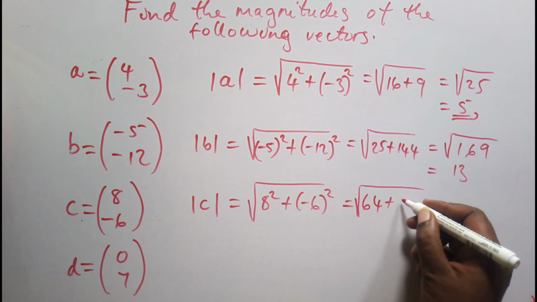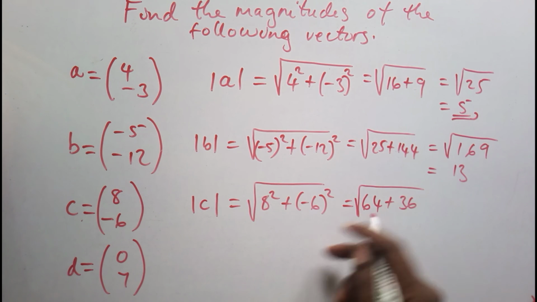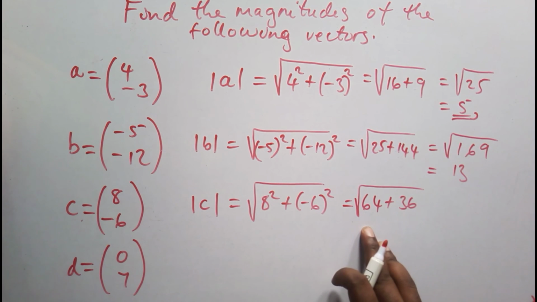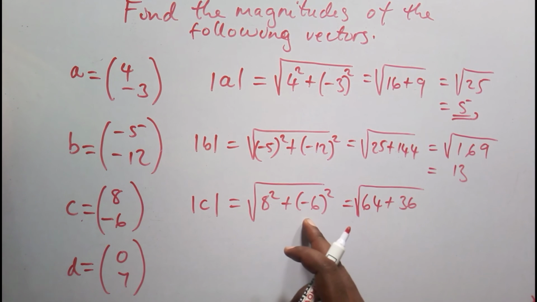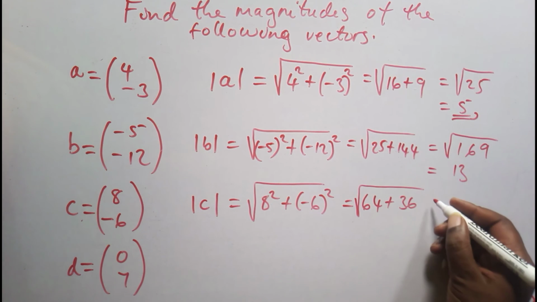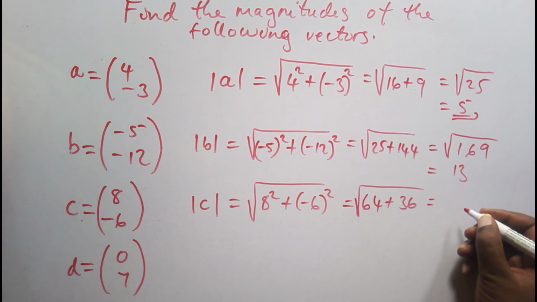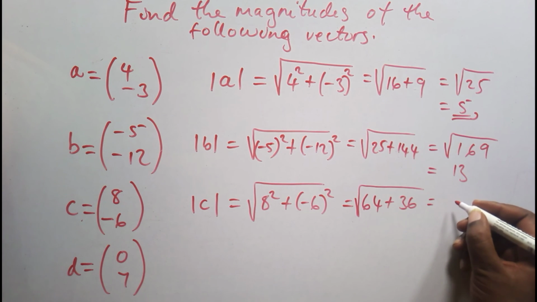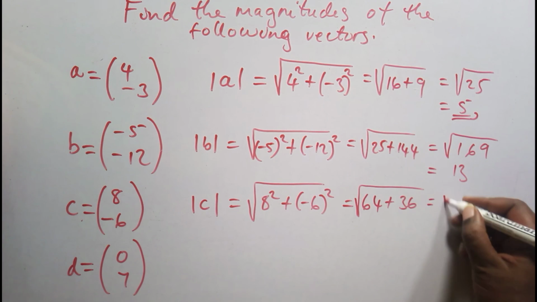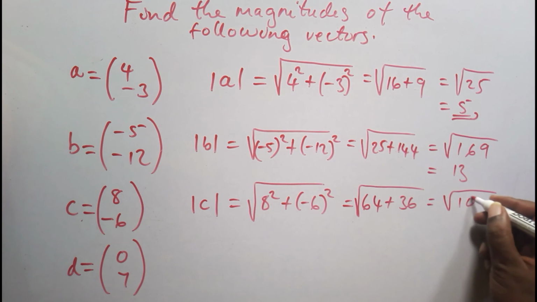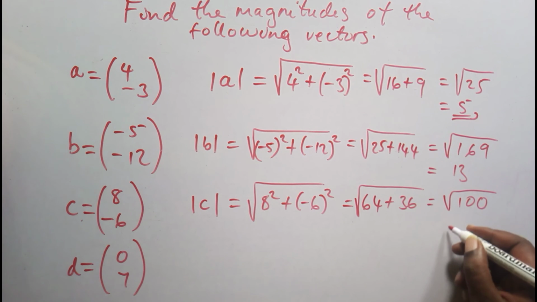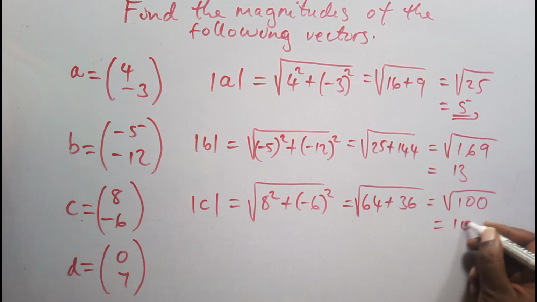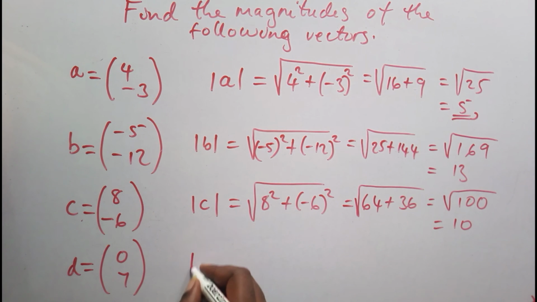Which is equal to the square root of 8 squared, that's 64, then (-6) squared, that's 36, as you can see right there, which gives us the square root of 36 plus 64, that's 100, square root of 100, which is equal to 10. So the magnitude of c is 10.